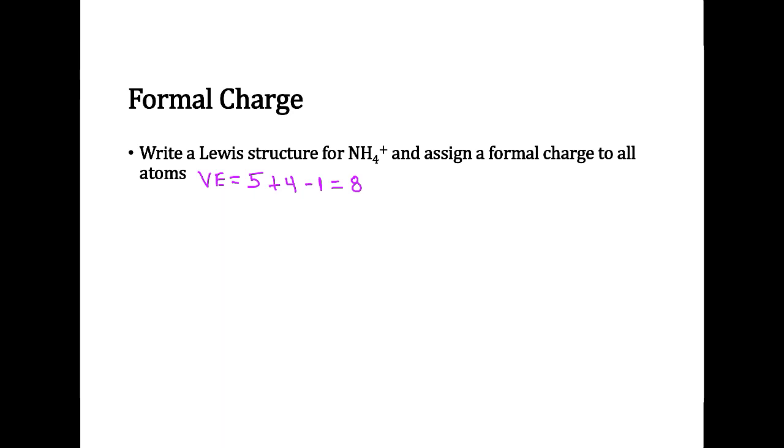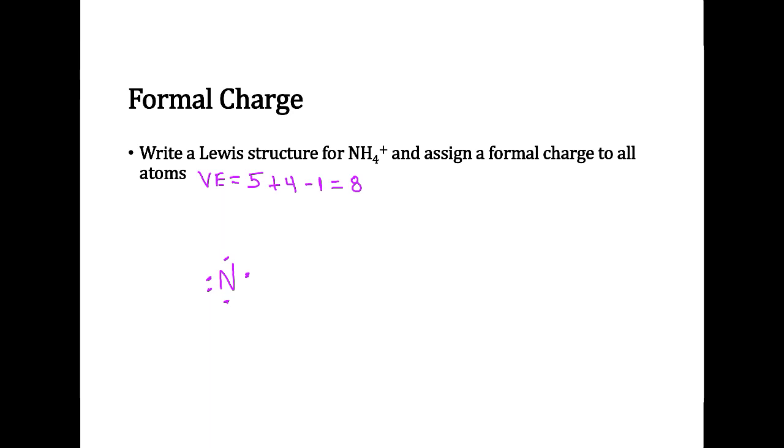Now let's try to draw our Lewis structure. We have a total of 8 valence electrons. We have nitrogen, which has 5, and hydrogens, each with 1. This will take a little bit of practice, and eventually I'm going to show you what may be considered an easier method, especially whenever you have a charge or a multiple bond.